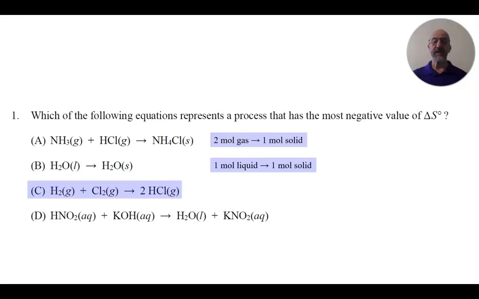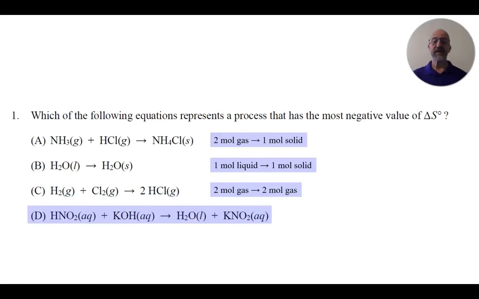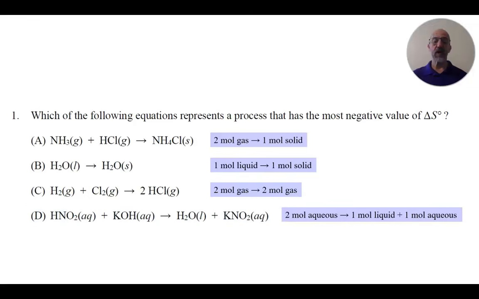In choice C, we have 2 moles of gas changing into 2 moles of gas. And then finally in choice D, I see 2 moles of aqueous substances. And then on the right side of the equation, I see 1 mole of liquid and 1 mole of an aqueous substance.